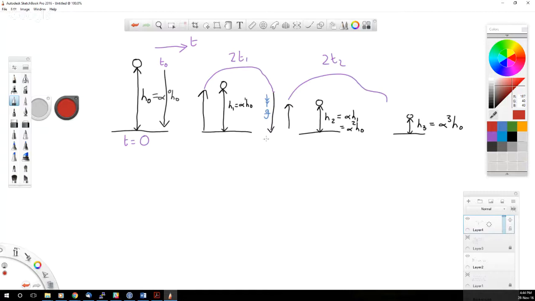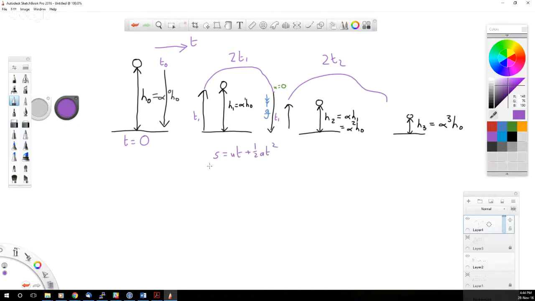And I'm also going to label this bit t1 as well. And we know that it starts at the top of its bounce with u equals 0. So I can use the SUVAT equation, s equals ut plus a half a t squared.